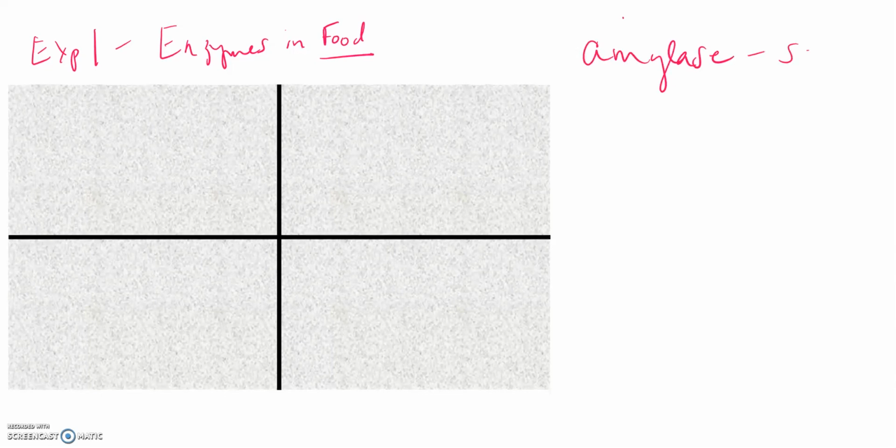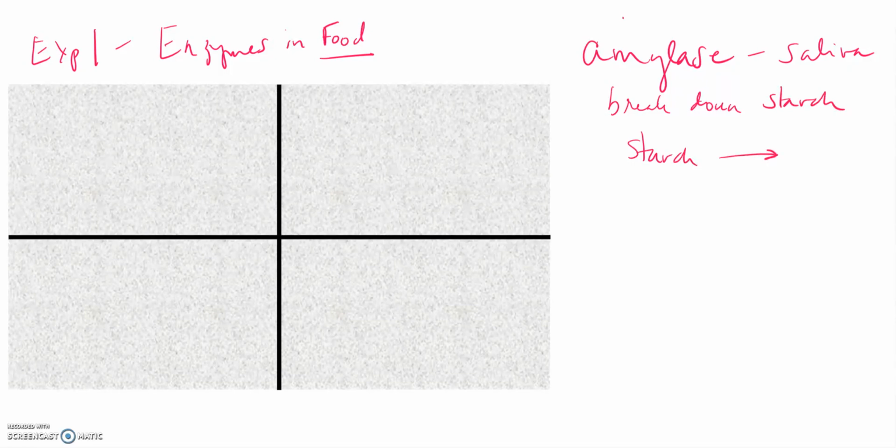And you have this enzyme in your saliva because the job of amylase is to begin to break down starch. Now, what is starch? Starch is a very large polysaccharide. It's many glucose sugars bonded together. So what amylase does is it begins to break the starch down into its individual glucose molecules.